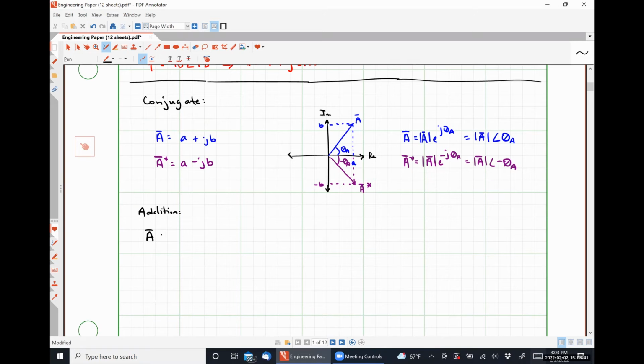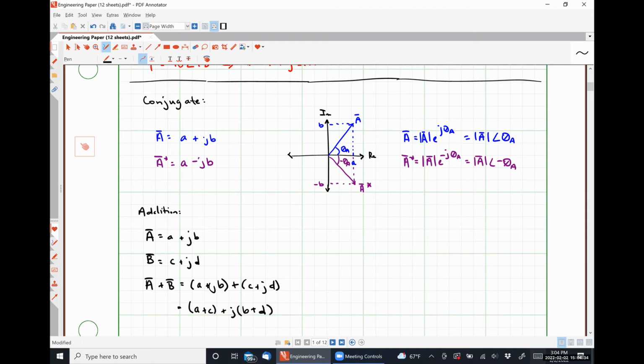So if I have a complex number A equal to A plus JB, and I have a complex number B equal to C plus JD, then A plus B looks like A plus JB plus C plus JD, and grouping real terms together, this gives us A plus C, and now grouping our imaginary terms together, J times the quantity B plus D.